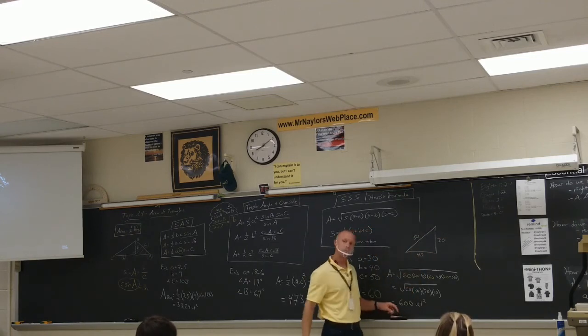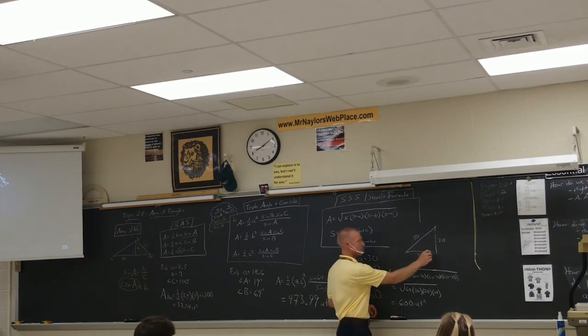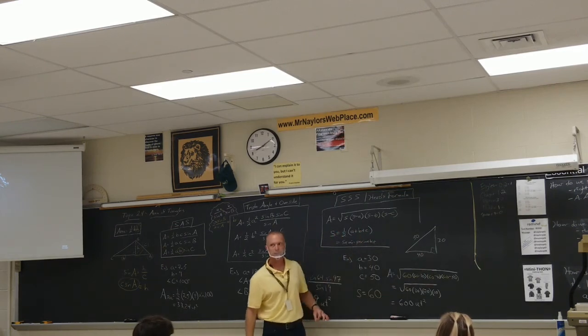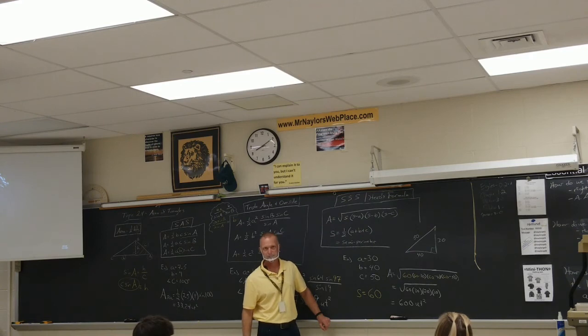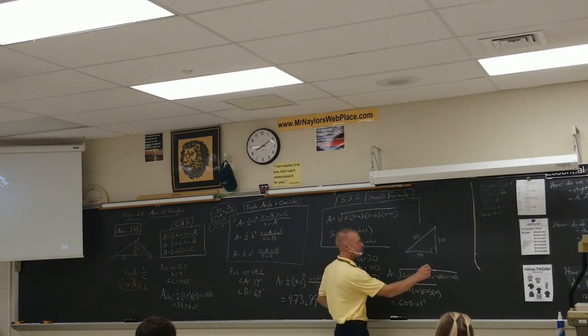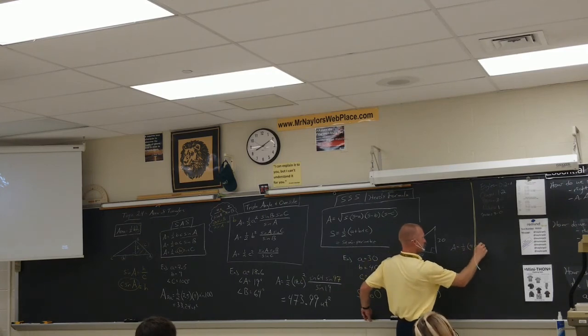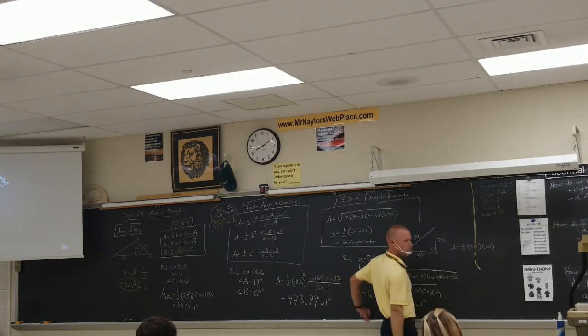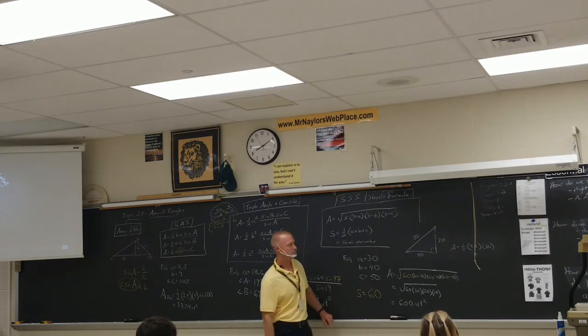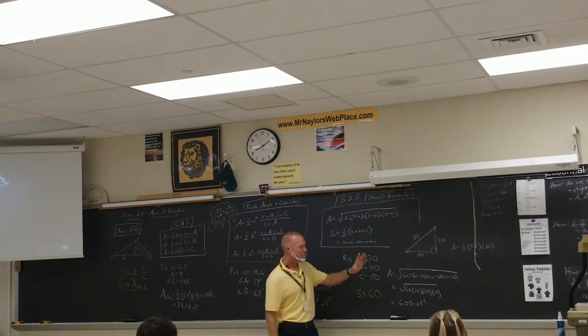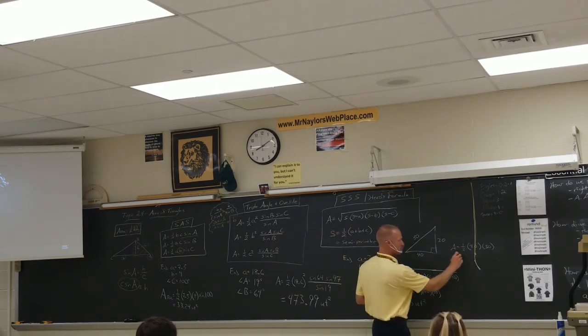You might say this was just a right triangle in disguise, but no doubt it's got a base and a height. Could I have found the area using the base and the height? Well, sure, because ultimately all these formulas go back to that. So 1/2 of 1200 is also 600.